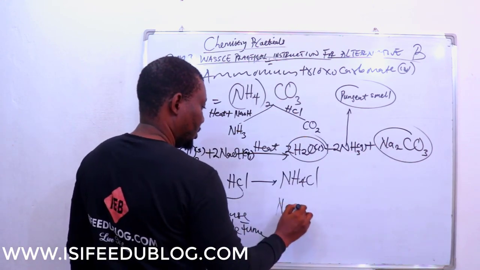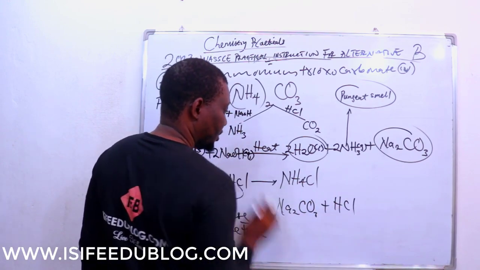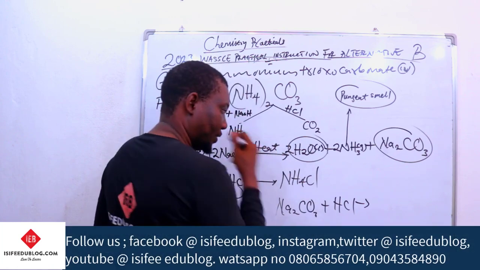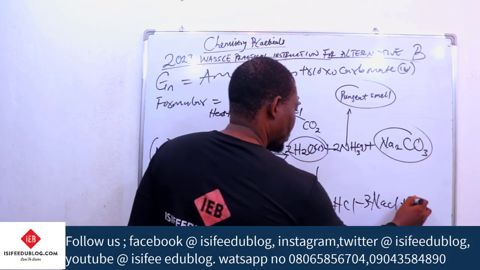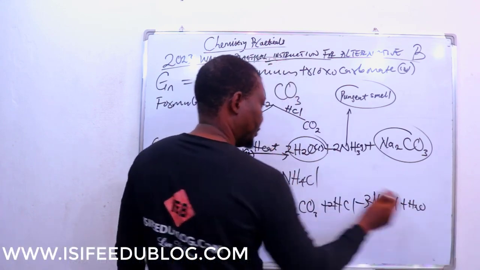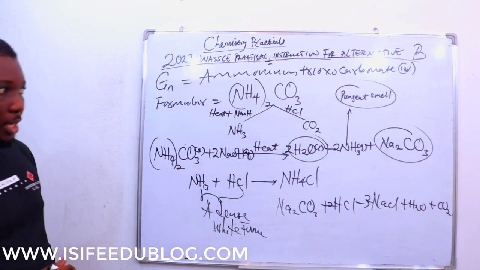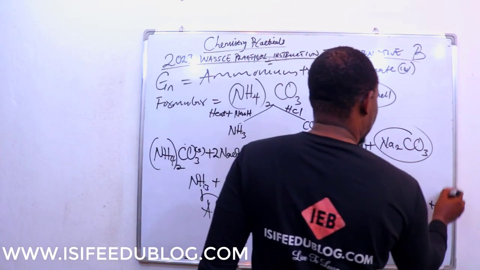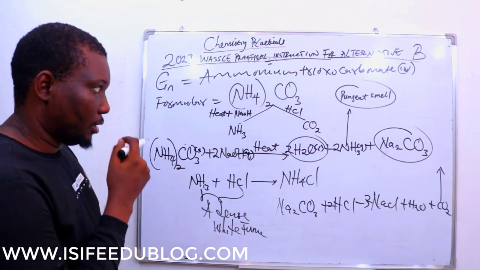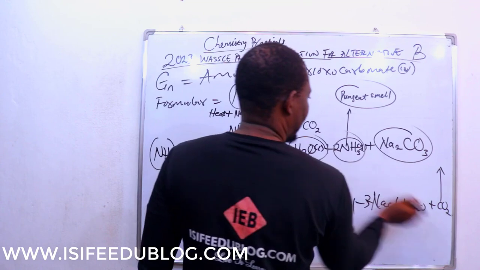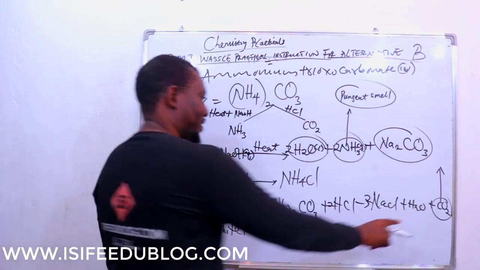So in the same test tube, add HCl, and you will have sodium chloride being formed, H2O coming out again, and then CO2 afterwards. The gas formed does not smell. It's colorless and odorless. Just like ammonia gas is alkaline, this gas is acidic. Then how do you confirm that this gas is CO2?